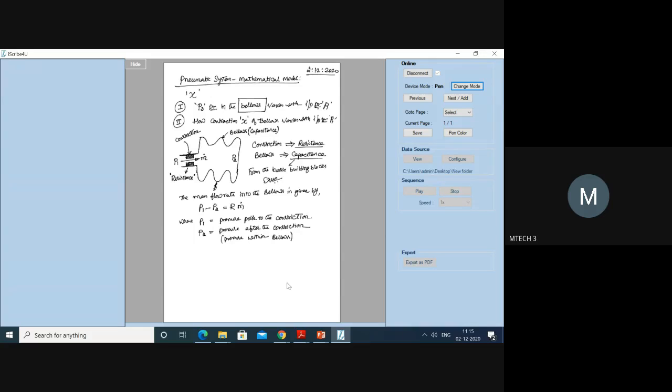Next we'll write the capacitance equation. To write the capacitance equation: the mass which enters into the bellows, will it go out of the bellows? No, sir. So it is going to be present in the bellows. What it does is contract the bellows, and there is no possibility for the gas to escape out of the bellows.